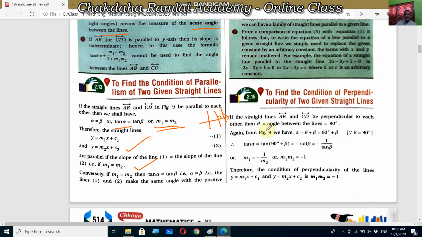So from figure 9, from this figure, this is alpha, beta and theta.